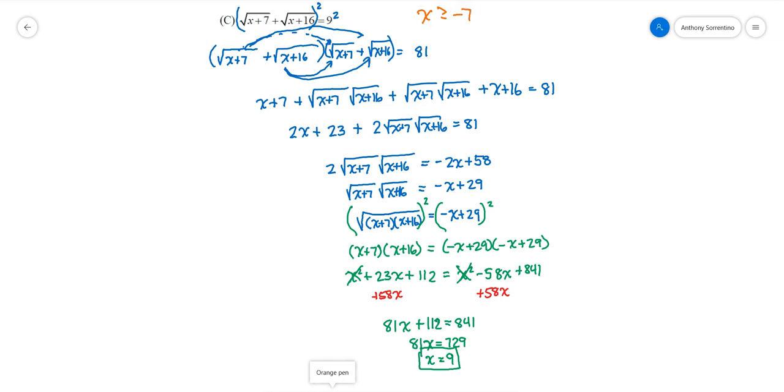And for the second one to work, x had to be greater than or equal to negative 16. I don't have to really say this part here because if x is greater than or equal to negative 7, it has to be greater than or equal to negative 16. So this has to be the case, which 9 falls into that category, so we're good for this.